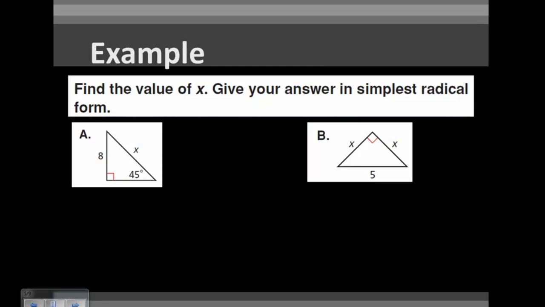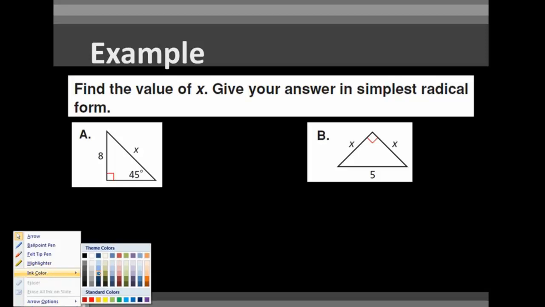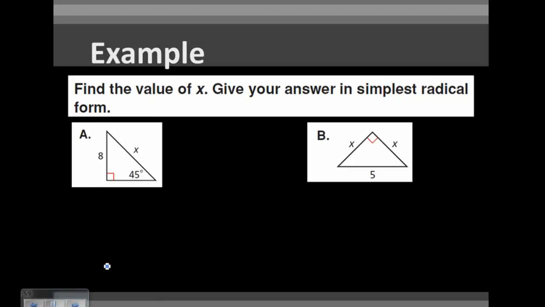Okay, so given that we have a 45-45-90-degree triangle here, let's see if we can use that particular property or that theorem to find the missing side length. Because this is 45 and we know the angles in a triangle add up to 180, this also has to be 45. Also, we can use the fact that it is an isosceles triangle. If the base angles are congruent, then the sides across from those are congruent.